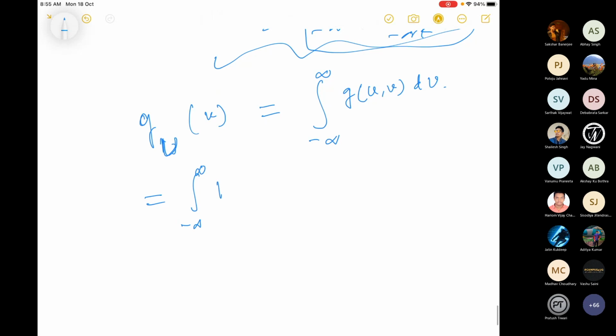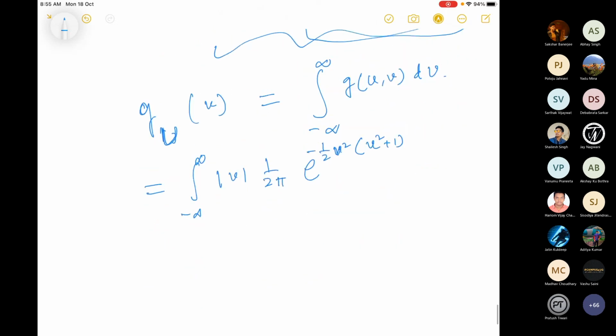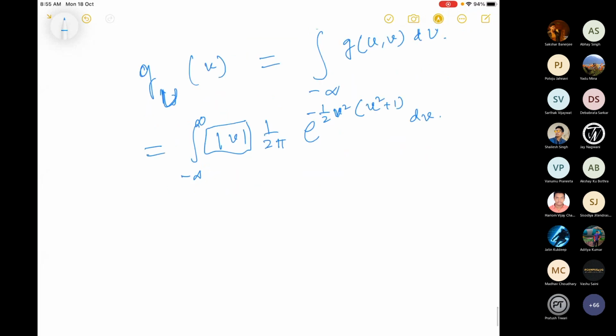This is mod of v, 1 by 2 pi e to the power minus half (u square plus 1) v square, and then this is dv. Okay, so there is a mod v term here. So how do we get rid of this mod?